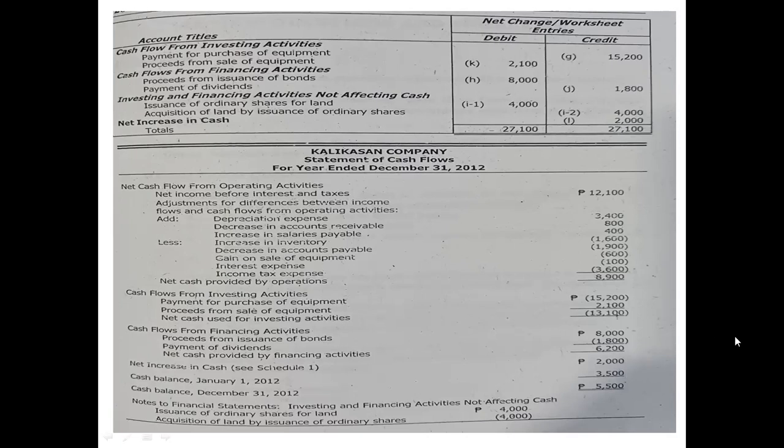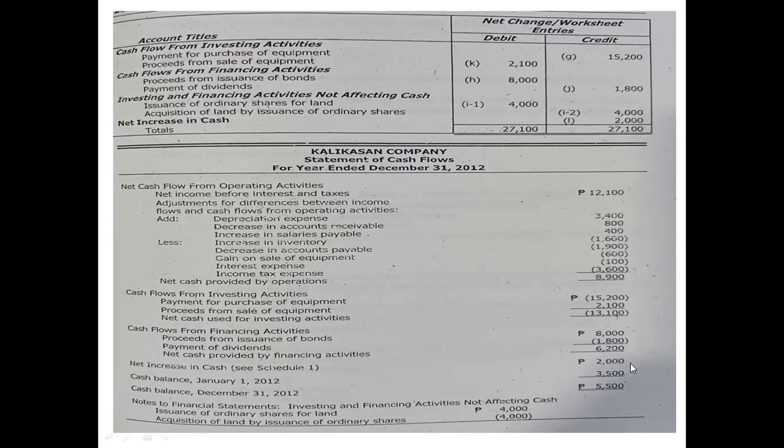Or you can have this one. Net cash provided from operations, 8,900, plus negative 13,100, and then plus 6,200, so that's 2,000.